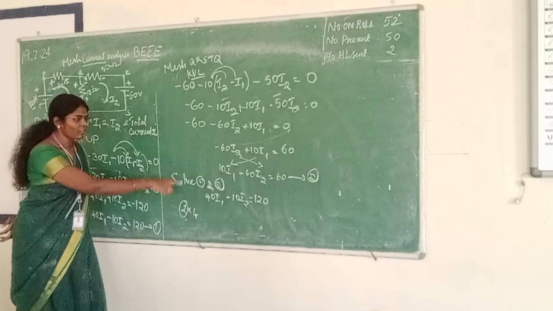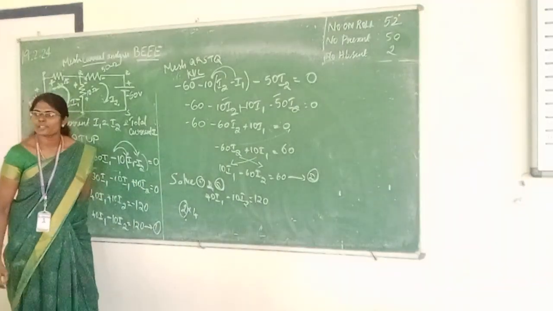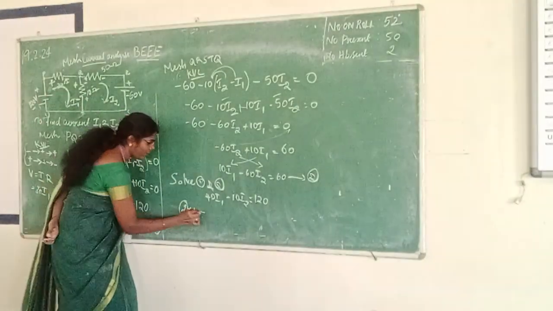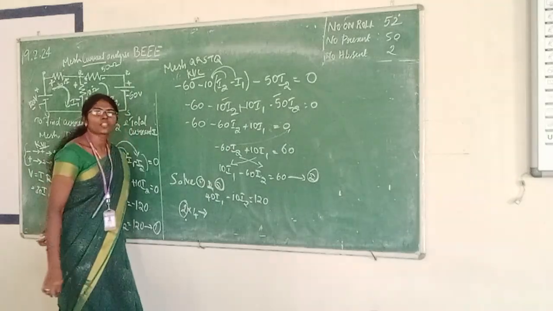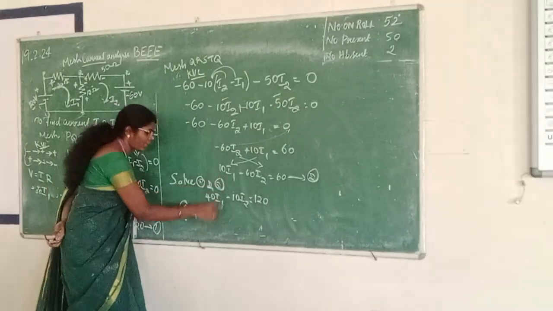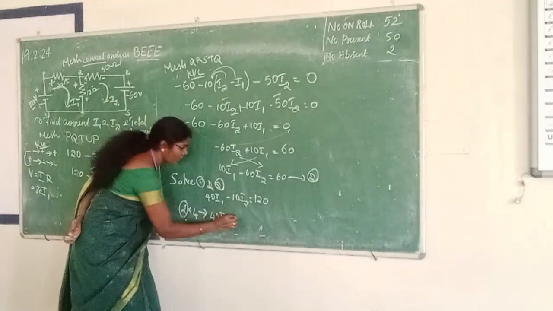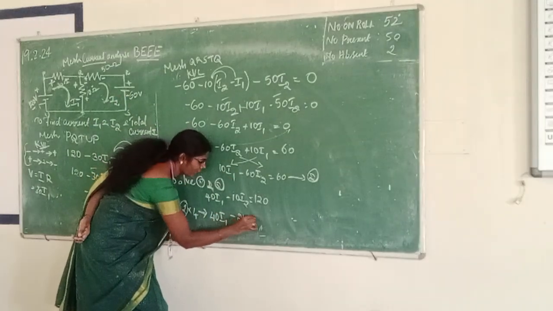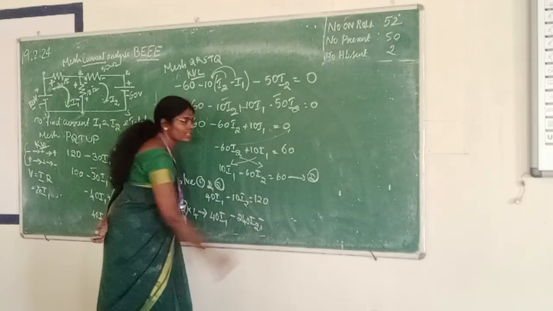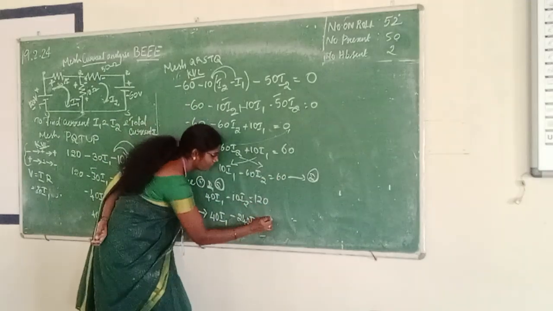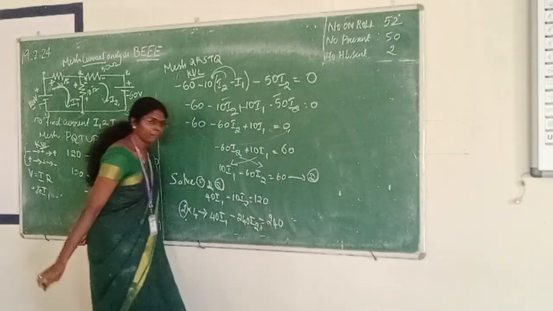If I multiply this, it will become 40, right? I can cancel the I1, right? So I am multiplying the second equation by 4. So 10 into 4 will become 40 I1. 60 into 4 will become 240 I2. Again 60 into 4 will become 240. Okay.